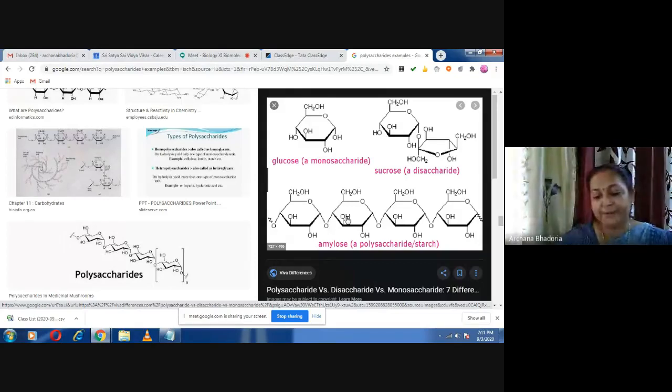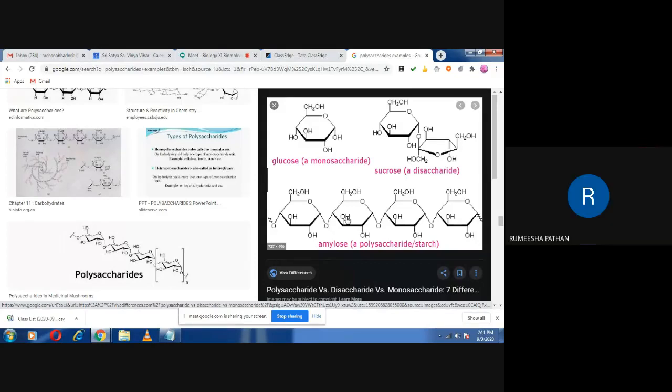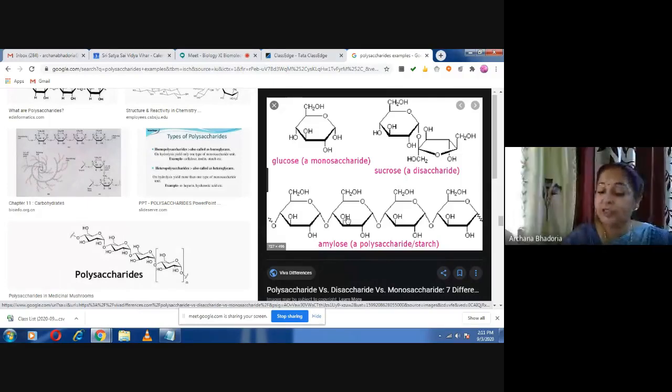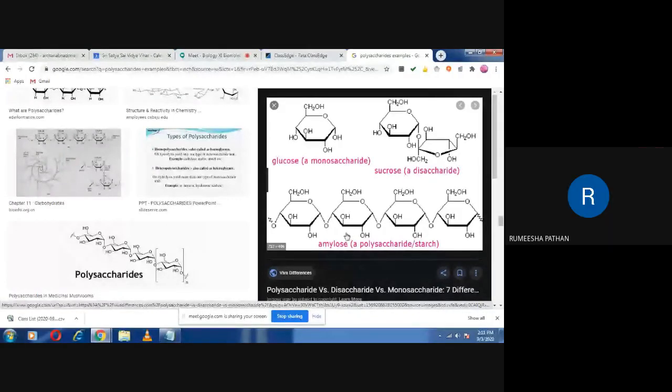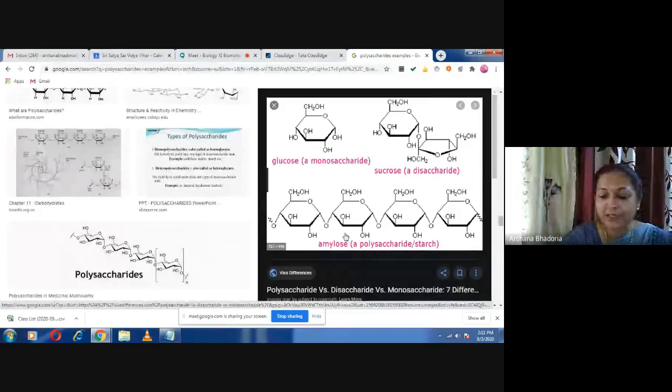Rumisha will name them. Starch, cellulose, and glycogen. Glycogen. So all the three you have heard. Cellulose is present where? Where do you find cellulose? In plants. It is found in plants.